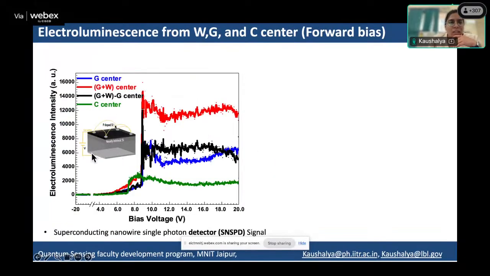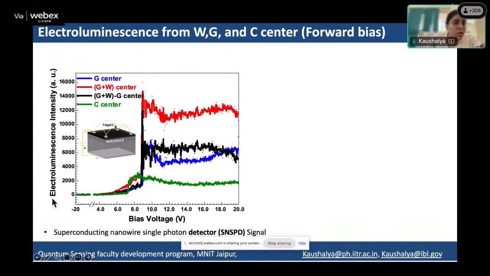Now, as I mentioned, we had this PIN diode with these color centers, and this plot shows you, based on the bias voltage, how the emission is from different color centers. The three centers we talked about, W, G, and C, and this is how the emission is.